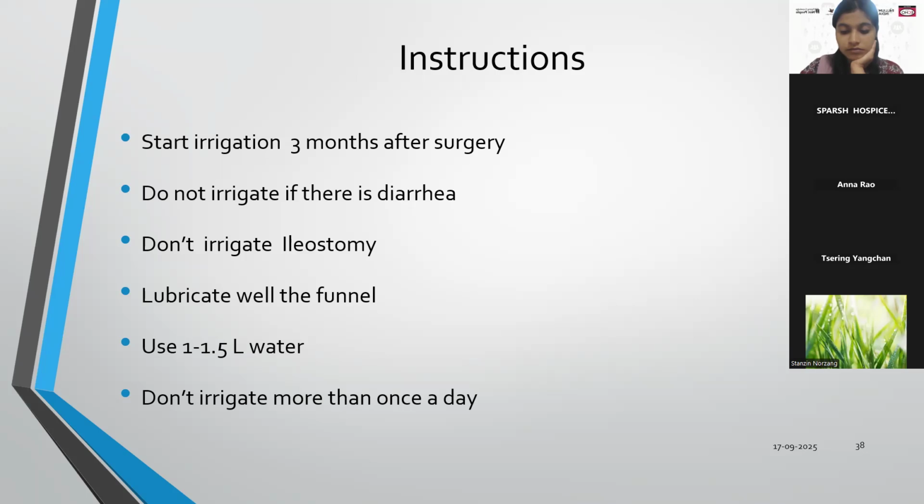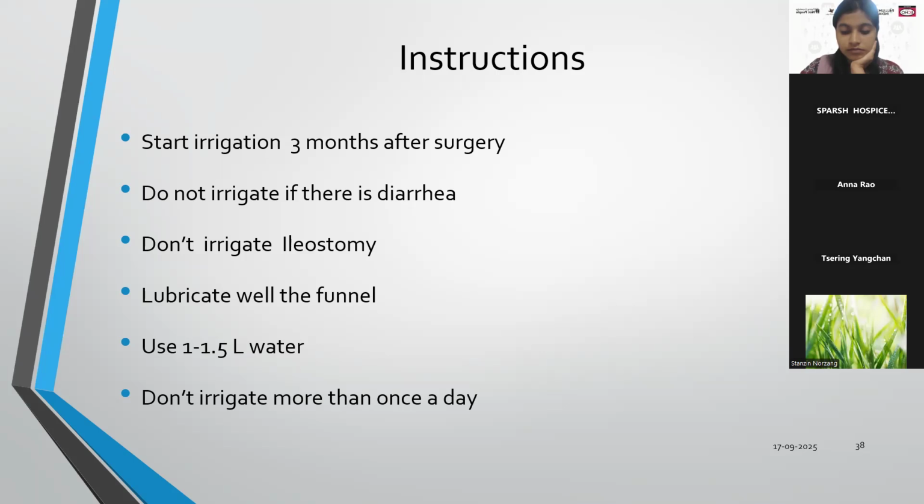How much irrigation solution should be used? 1 to 1.5 liters of irrigating solution can be used. And the irrigation should not be more than once a day. As I said, it should be at the bowel time.